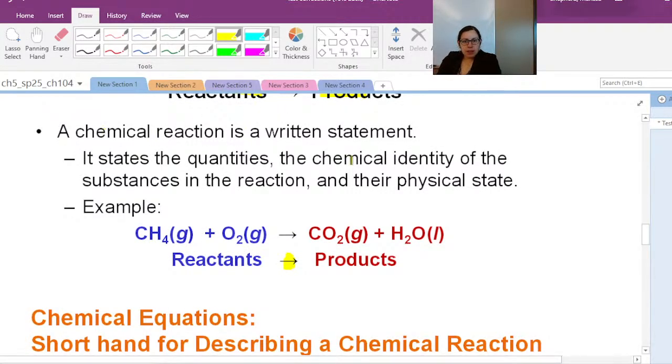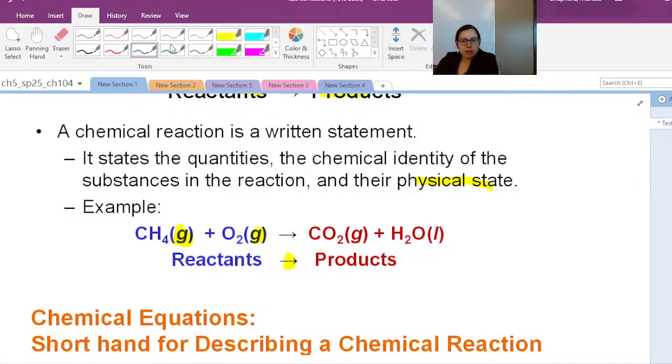And again, there's a lot of information in here. So we have the identity of all our substances and also the physical state, which is important, again, for a working chemist. How am I going to add this to the reaction? And so in this reaction, we can see we're adding 2 gases.